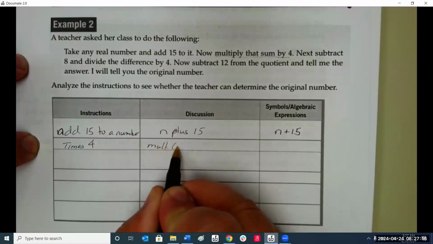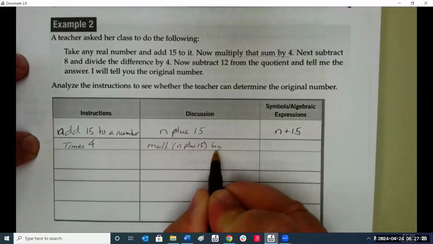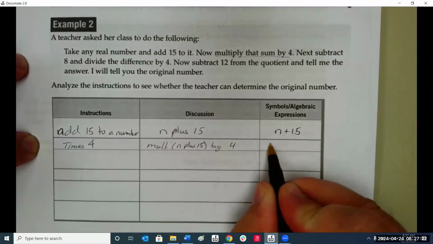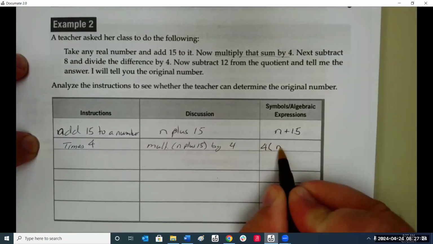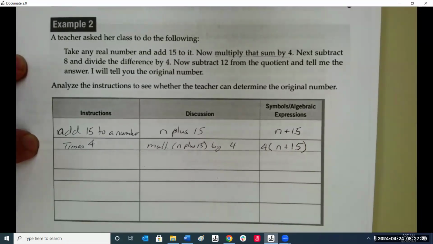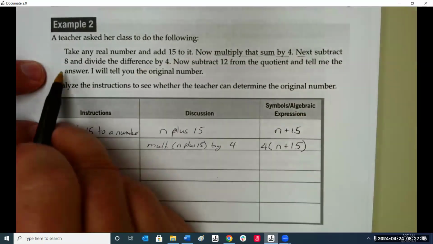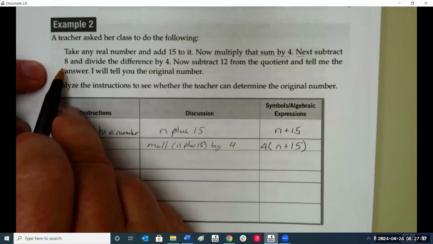Multiply N plus 15 by 4. Next, subtract 8.